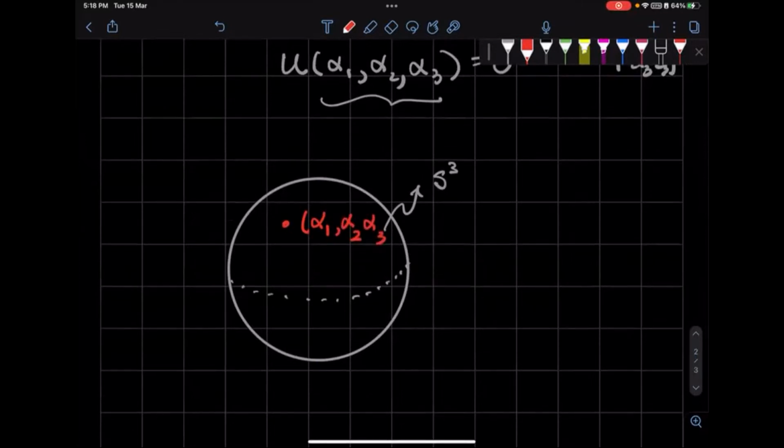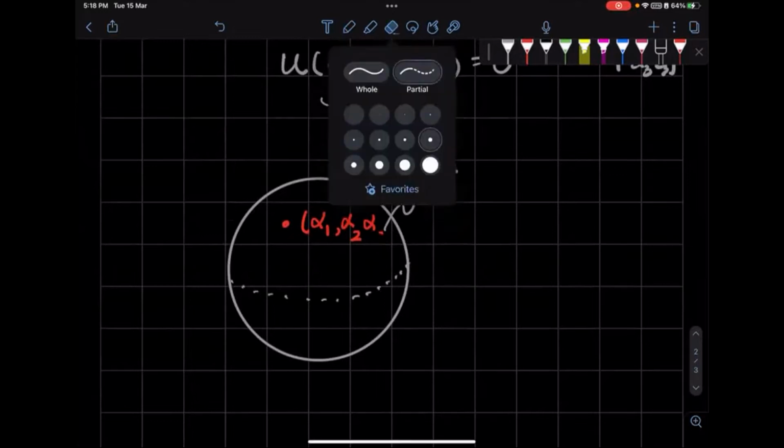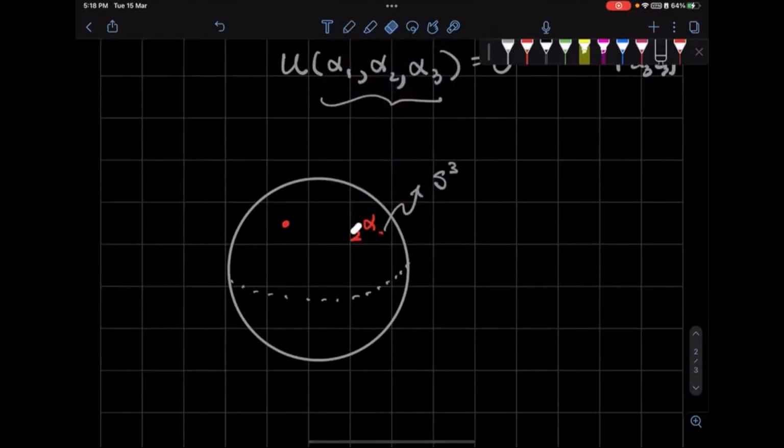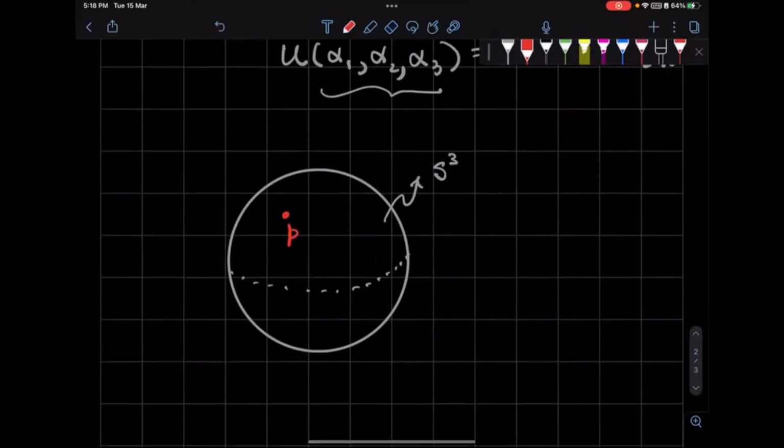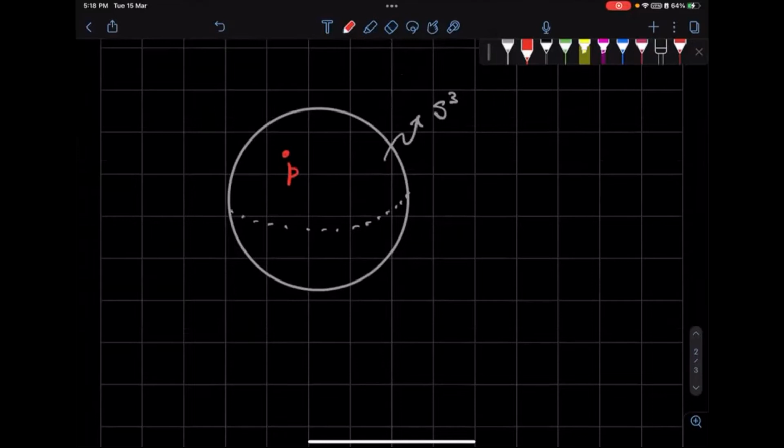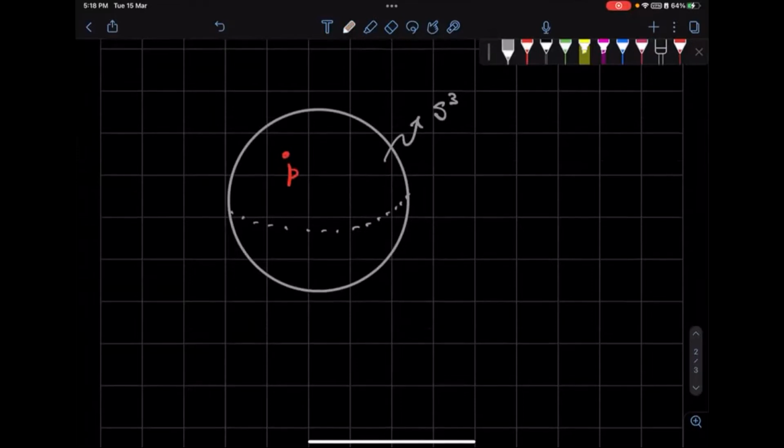So a better way of drawing this is that we have three numbers here. So this is some point P on S3. P, of course, corresponds to the fact that S3 is also a group. This corresponds to the fact that P is also an element of SU2.